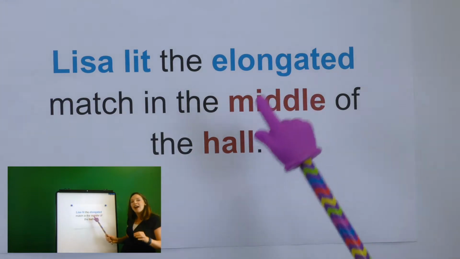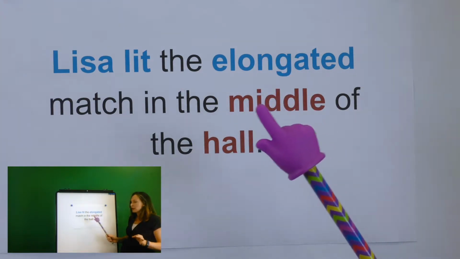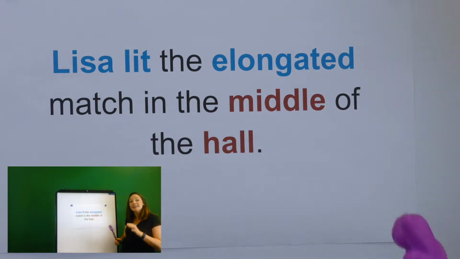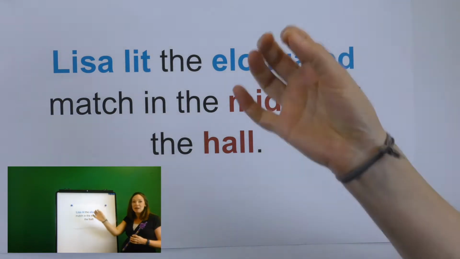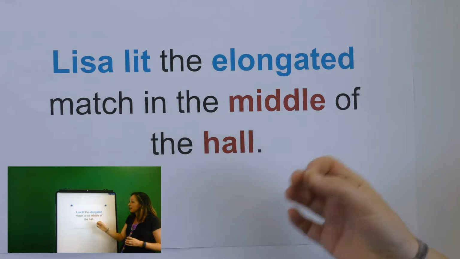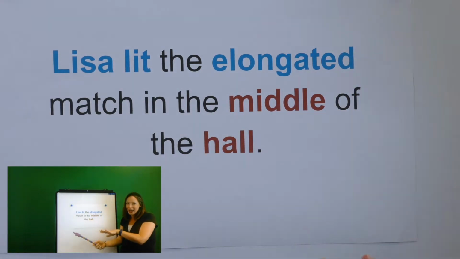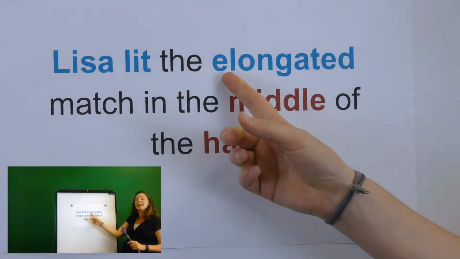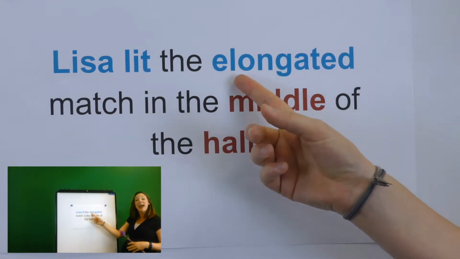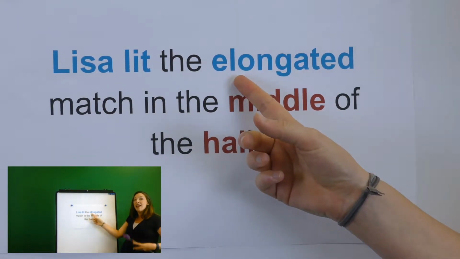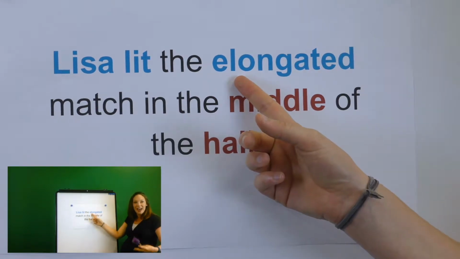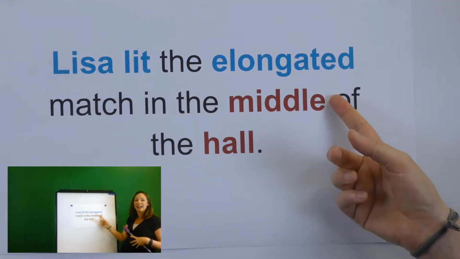Even though the L is not the first letter that you see in the word, because it begins a new syllable, you're going to be using the light L sound. Because the E makes its own syllable and the L begins the next syllable, you use the light L sound: elongated.